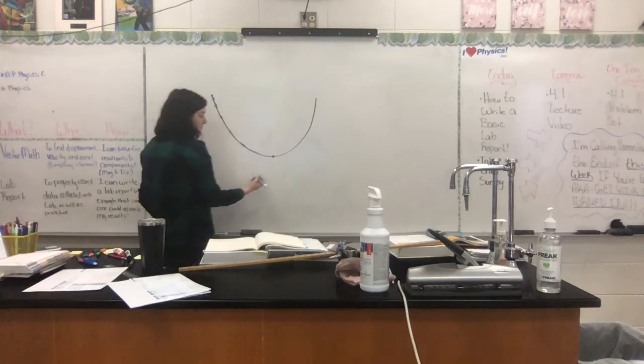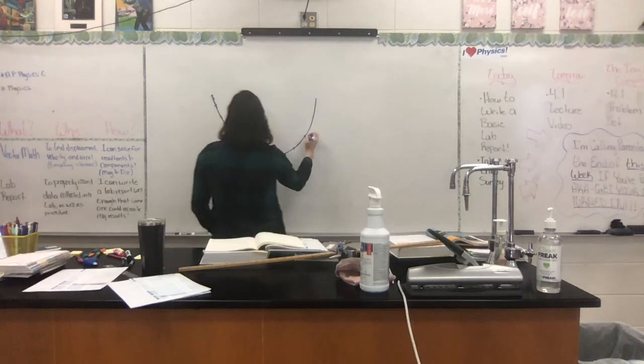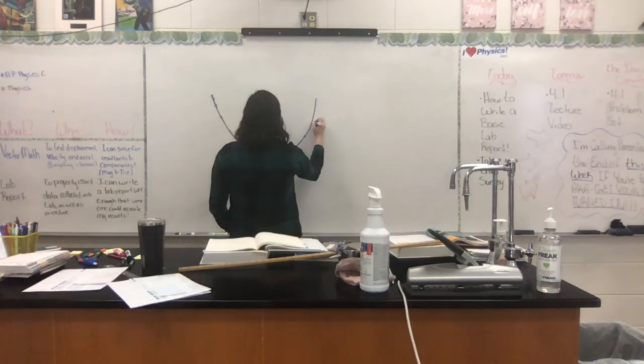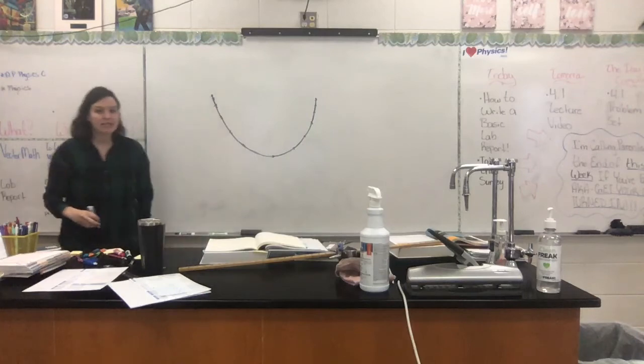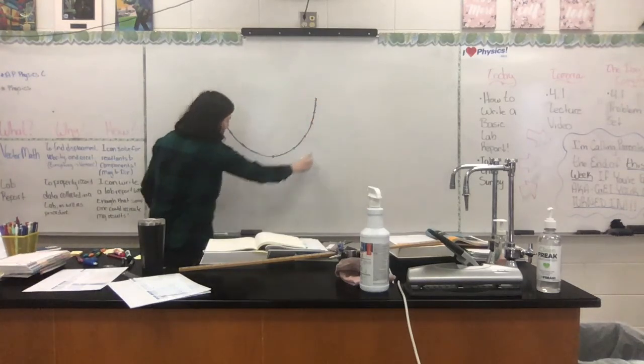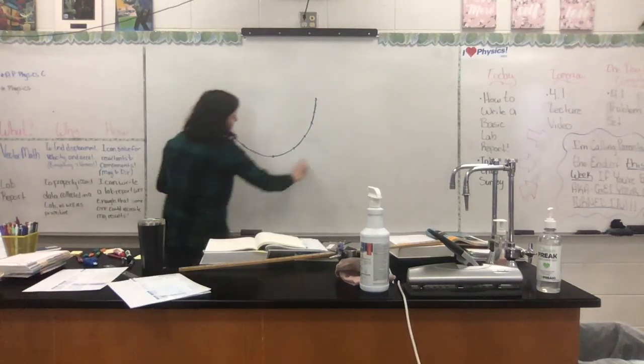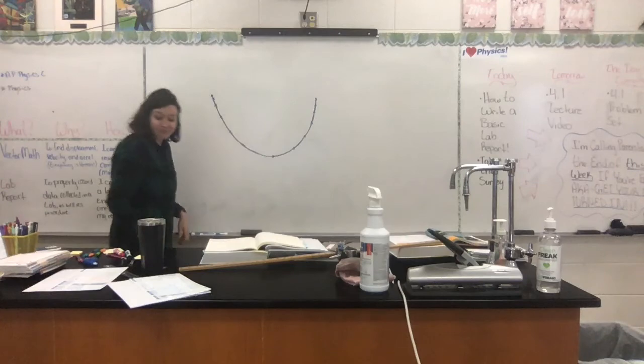Once it ends up at the bottom, do you think it's going to speed up or slow down as it goes up? Spoiler alert, it's going to slow down, okay? Because once it gets to the top, what ends up happening? It stops and it comes right back down, correct? So these would be our velocity vectors the entire way.